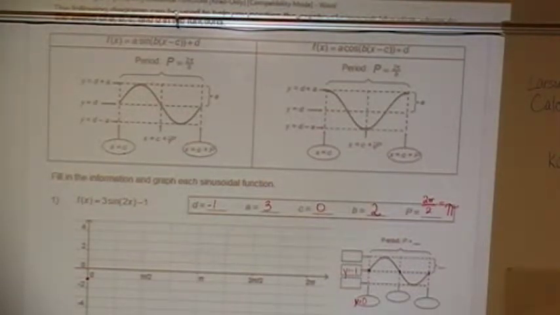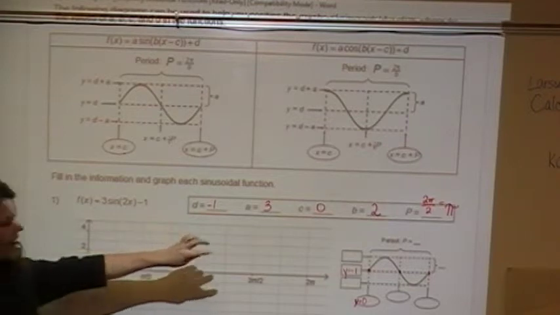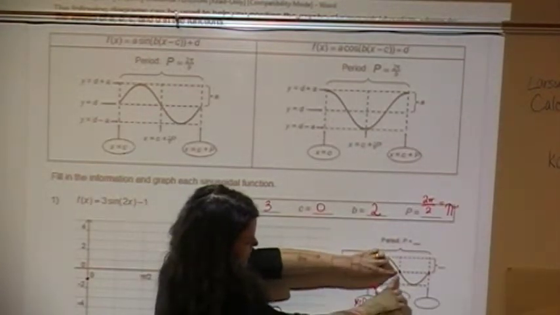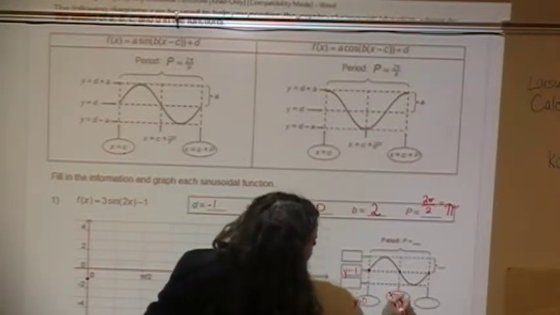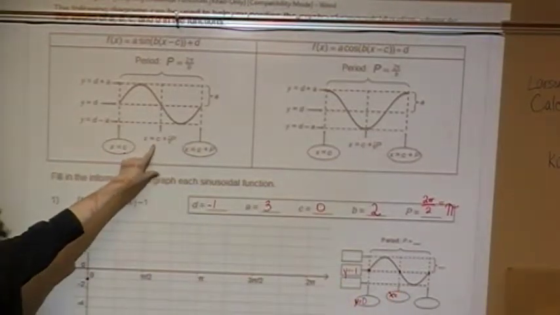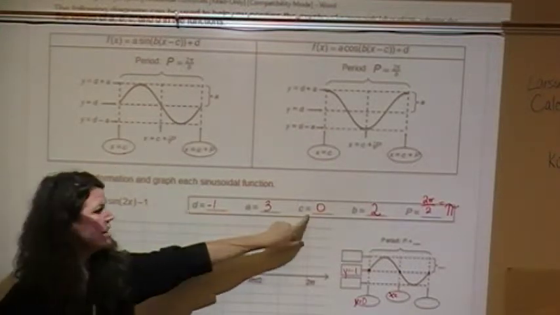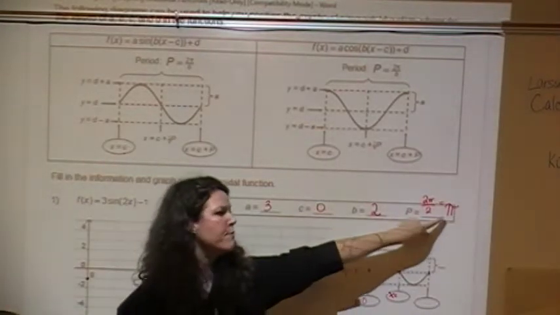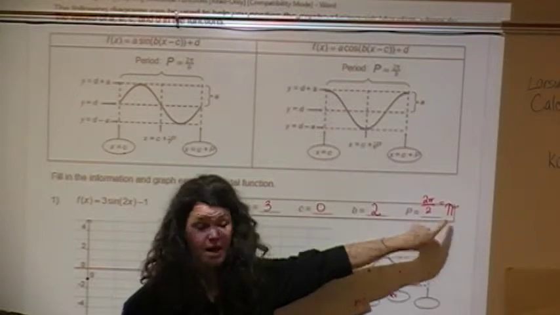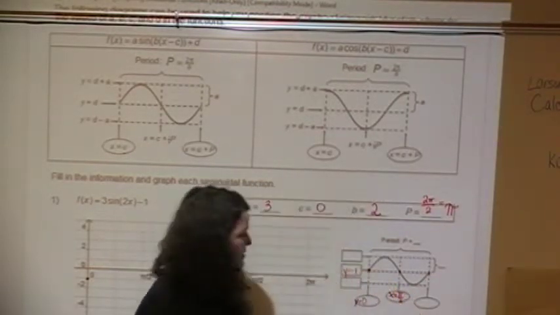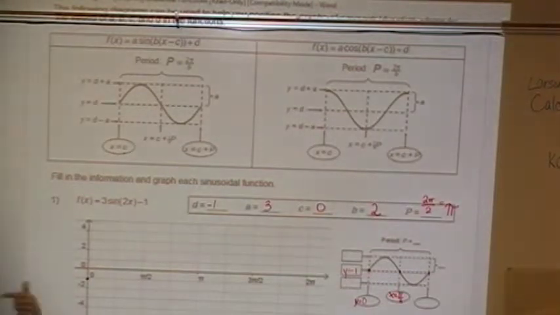Now, if I want to find that middle dot, I need this value and this value. Well, this center value comes from this formula, C plus half P. So C is 0, half of P would be half pi. So x is half pi, y is -1.